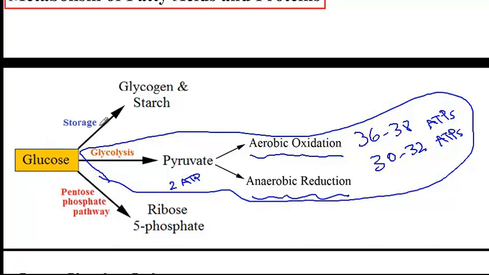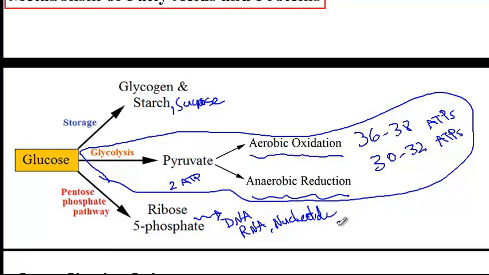Now, next we would like to discuss the role of glucose as a precursor for supplying different metabolic intermediates for biosynthetic pathways. So we will discuss how glucose can be in a storage form like glycogen, starch, or sucrose, or it can be used in other pathways like the pentose phosphate pathway for production of ribose 5-phosphate, which is required for DNA, RNA, and nucleotide synthesis.